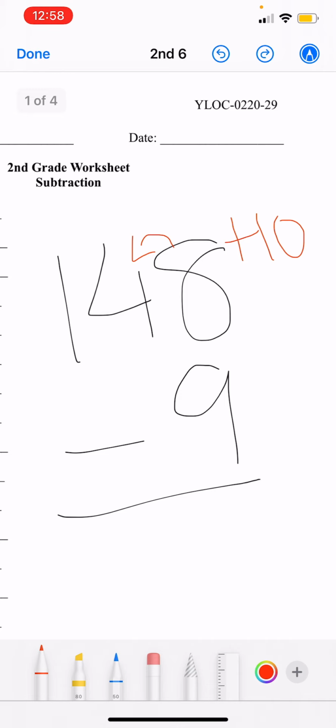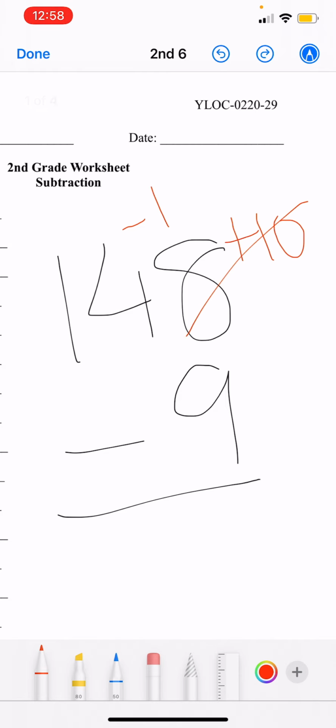So we're going to look at 4, and then we're going to subtract 1 from 4. Now remember this, because this is a rule, okay? So you're going to add 10 to the number that is less, and then you're going to look at the number that's right next to it on the left side, not the right side, which is 4, and you're going to subtract 1 from the neighbor.